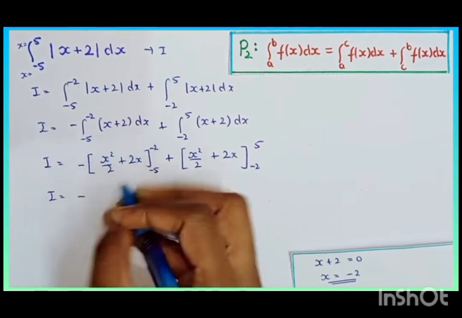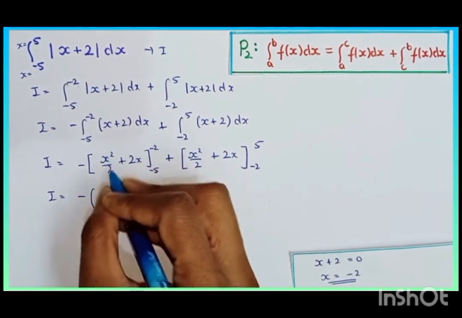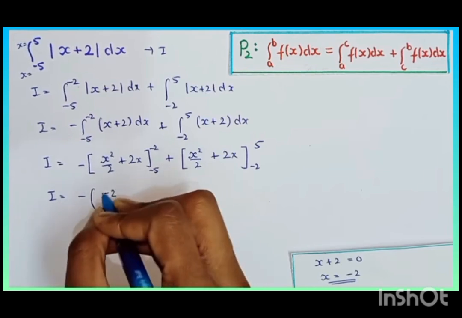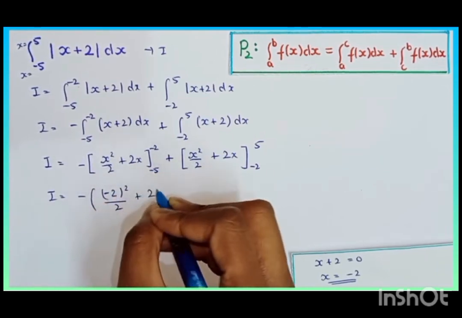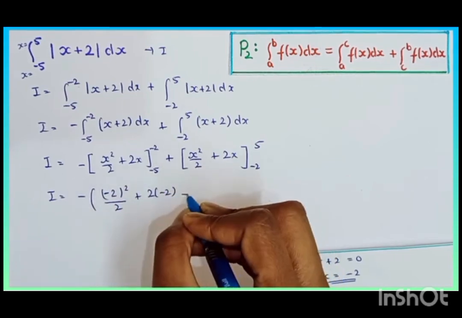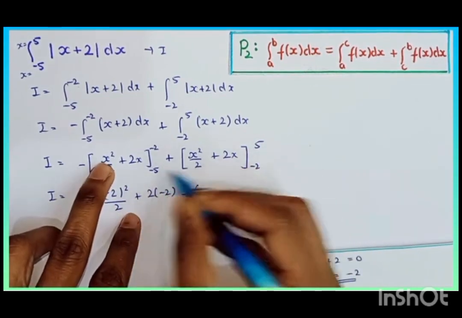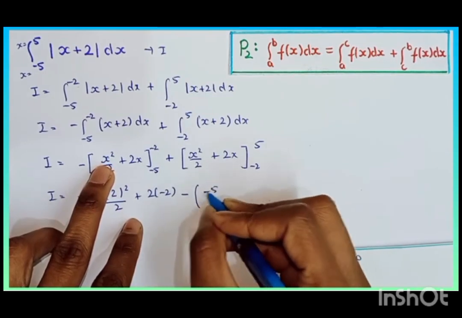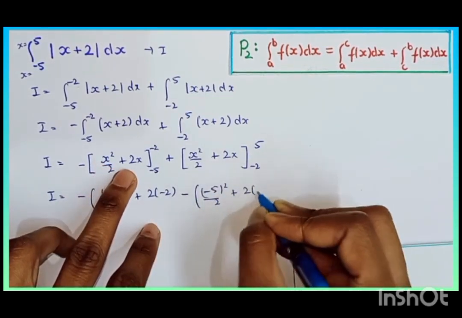So let's take out this minus. Here it is -2 squared over 2, plus 2 times -2. Then we have to write the minus, and let's make a bracket. Put -5 wherever x is: -5 squared over 2, plus 2 times -5. Close the bracket.